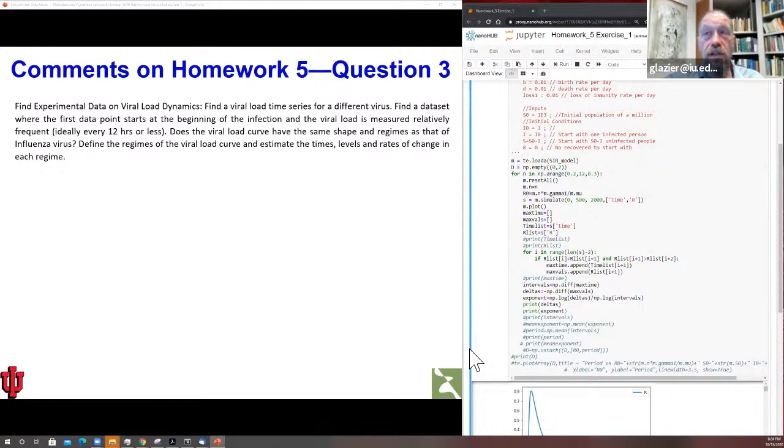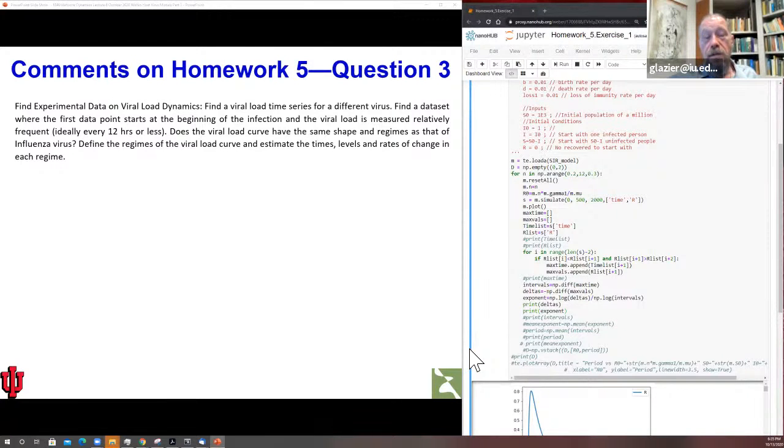But for example, with HIV, which was a virus that some people picked, HIV has a very complicated time series. You initially get some latency over a couple of days, then you get a very rapid increase in viral load, really rapid increase over a period of a day or two, maybe 3.